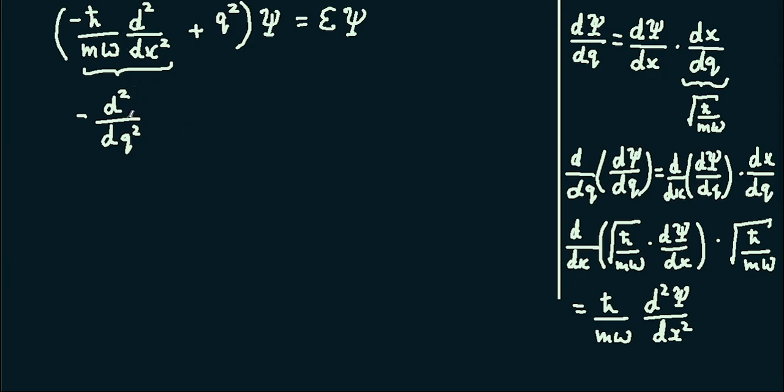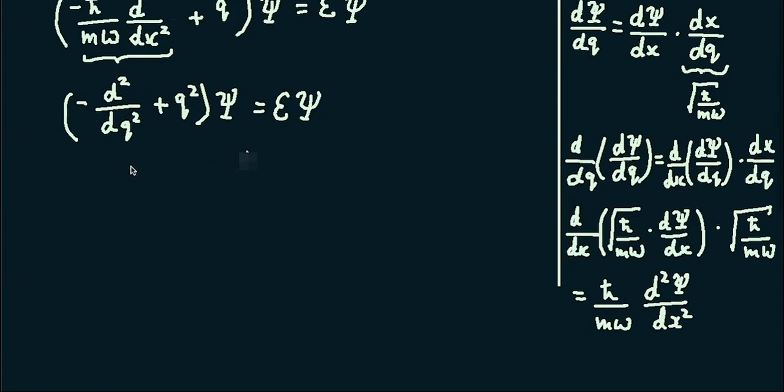Okay, so this term can be written in terms of the second derivative of q, and we'll just rewrite the rest of the equation here. And that should be equal to epsilon ψ. So now we'll write this equation in a different form.